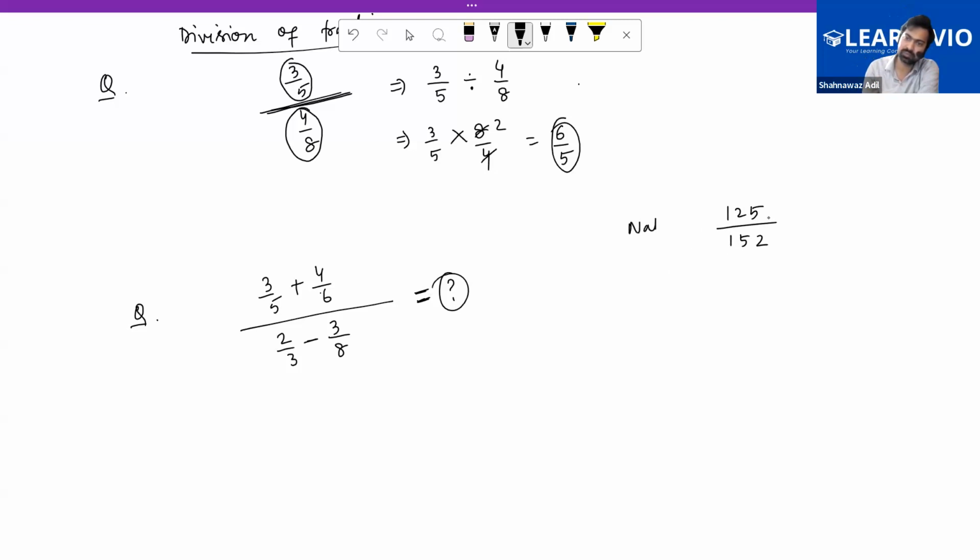No, sir, the reciprocal. It will be like 152 upon 125. Oh, the other way around, right? 152 and 125. Good.